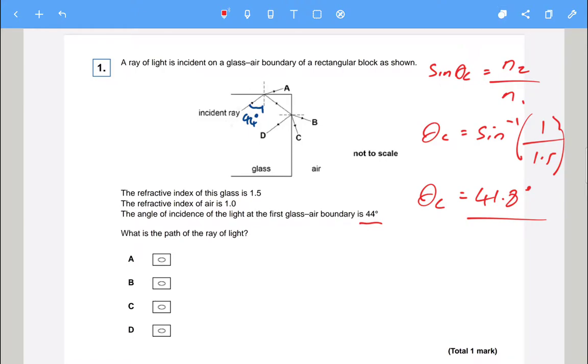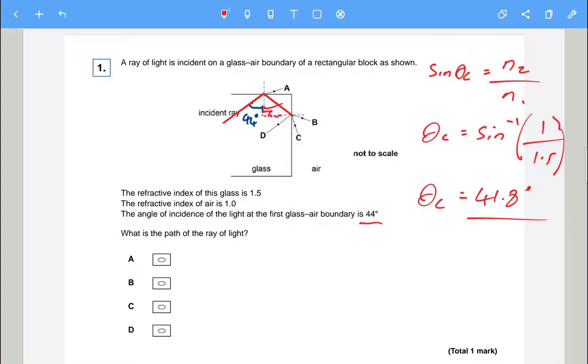So we'll come in, reflect. Because it's a square, this angle here would also be 46 degrees. Well, we've got a 44 degree incident angle. The angle of reflection would also be 44 degrees, and then we've got a triangle.